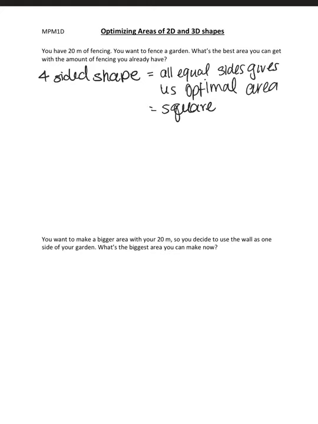Okay, so in this question, it says we have 20 meters of fencing, so that means that my material, all I have is 20 meters there, and I want to fence in my garden. So if this is my garden here, I want to fence it in, and I want to know what's the biggest area that I can get with the amount of fencing that I have.